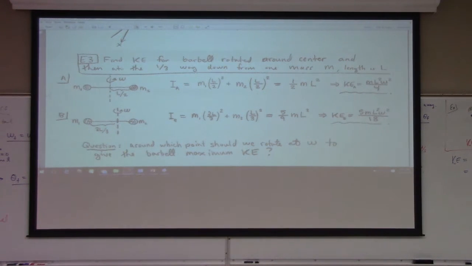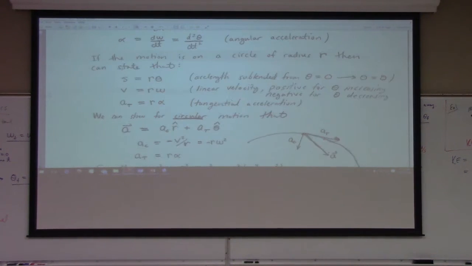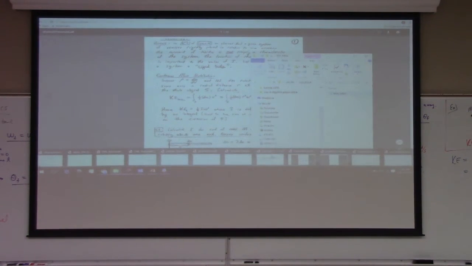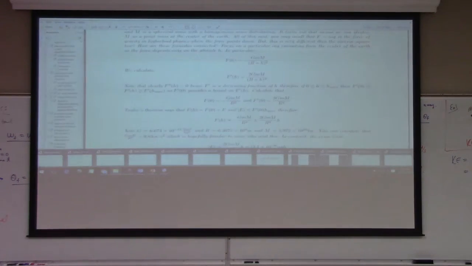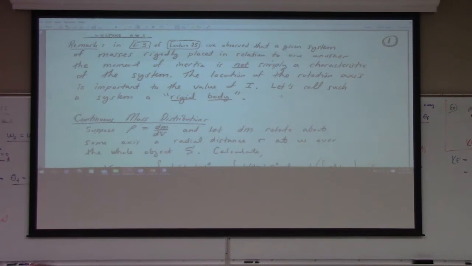Apparently, this is actually a way of making my last example interesting. But anyway. Oh, see, we have outlived the usefulness of lecture 25. I think we are now in lecture 26.